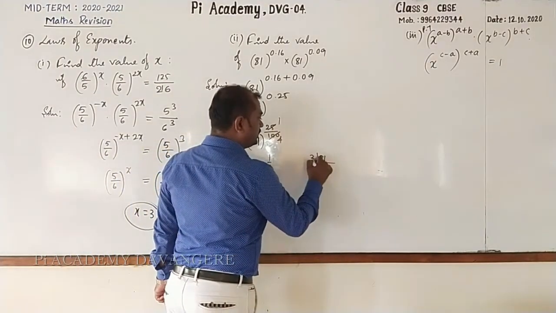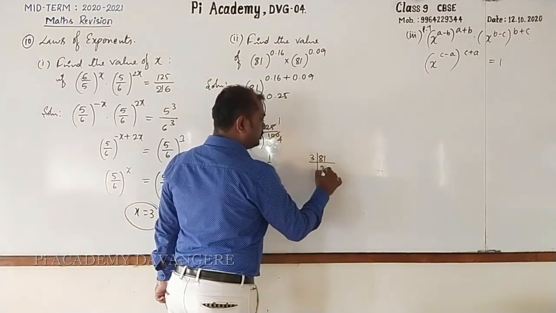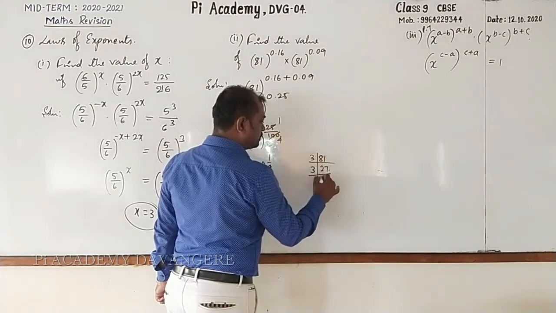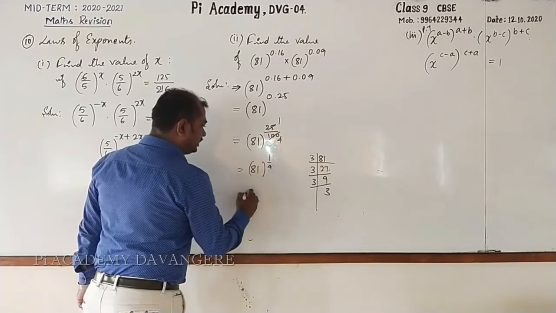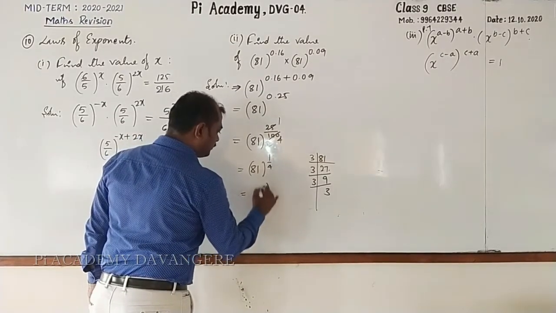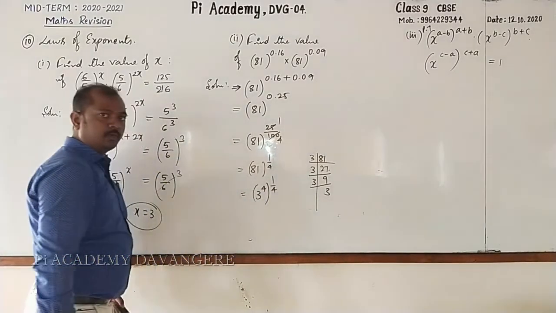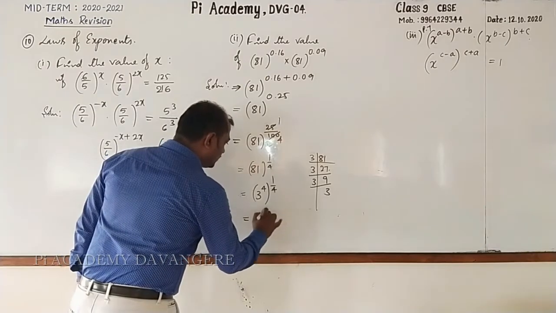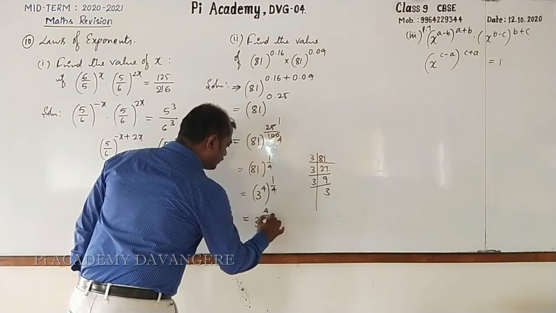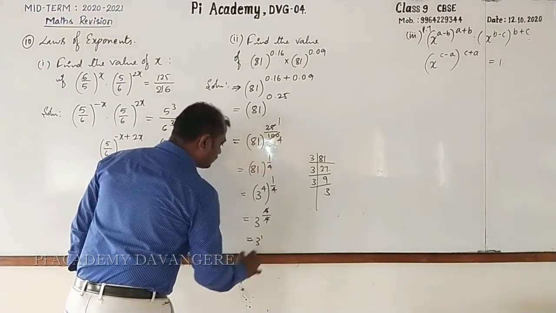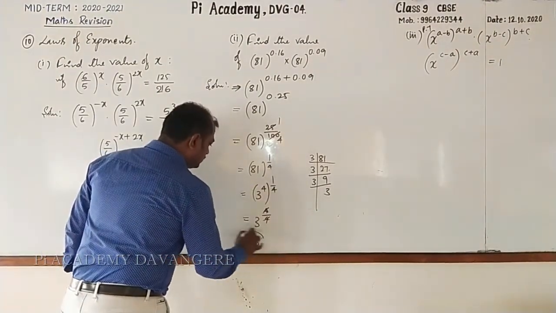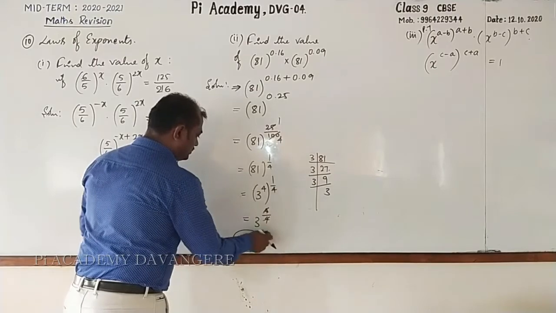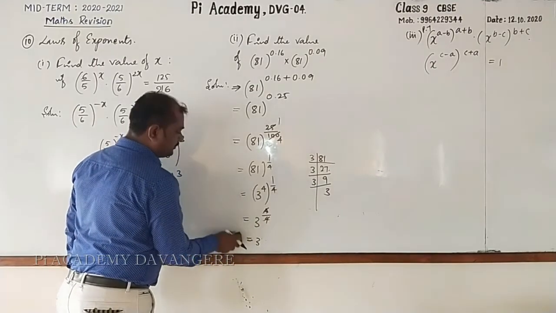See, 81 is 3 times 27, 27 is 3 times 9, 9 is 3 times 3. 81 can be written as 3 raised to the power 4 whole raised to the power 1 by 4. It is equal to 3 raised to the power 4 by 4. 4 and 4 get cancelled, it is equal to 3 raised to the power 1, which is nothing but 3. So the value is 3.